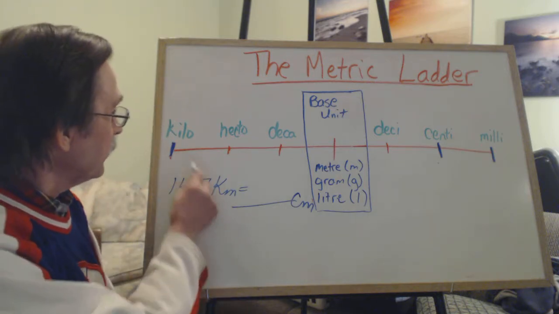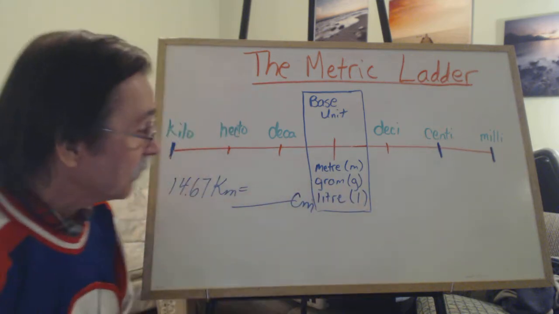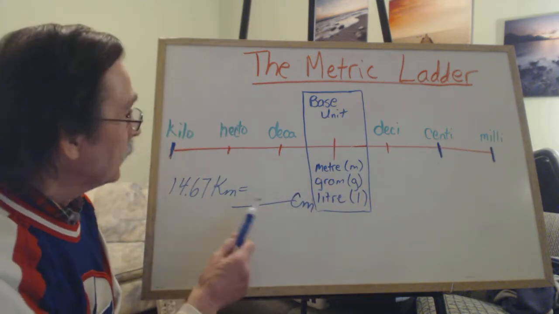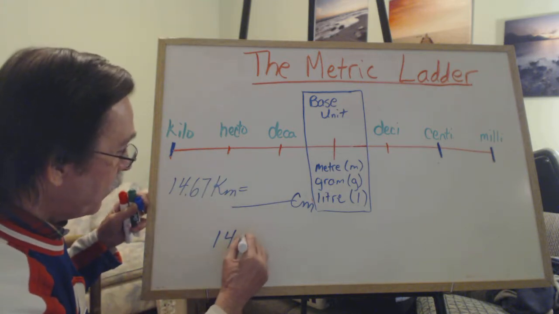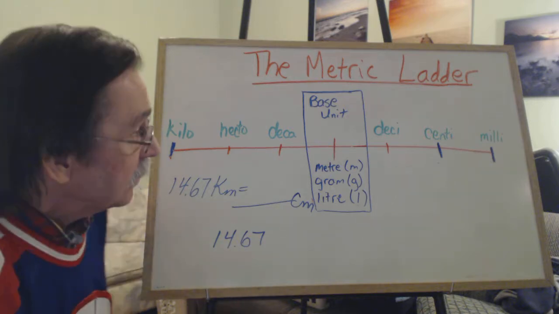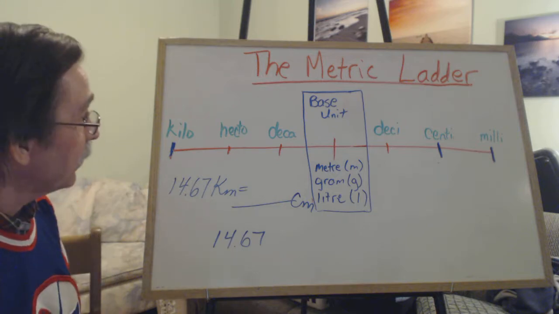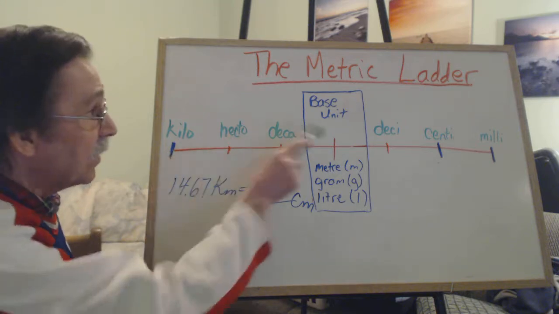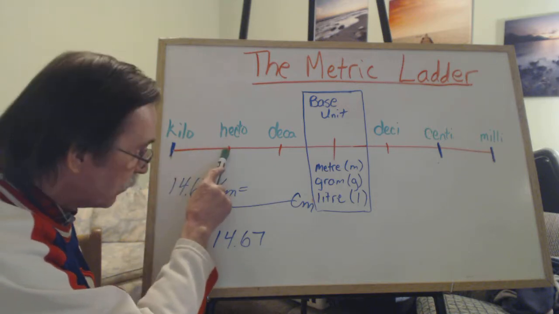So we're going from kilometers over here all the way to centimeters over there. Let me rewrite this, 14.67, just so I can do my dipsy doodling around here. We're going to go from kilo down to centi. And you don't count this as 1. You count the first jump as 1.